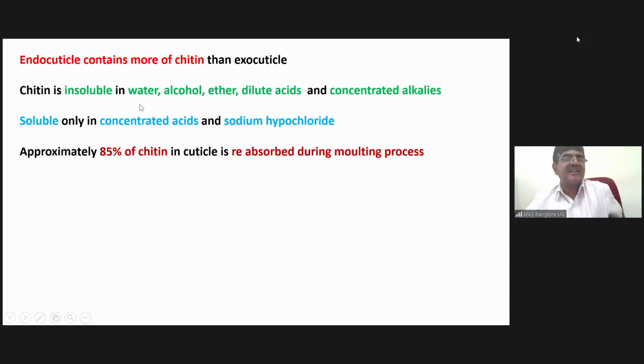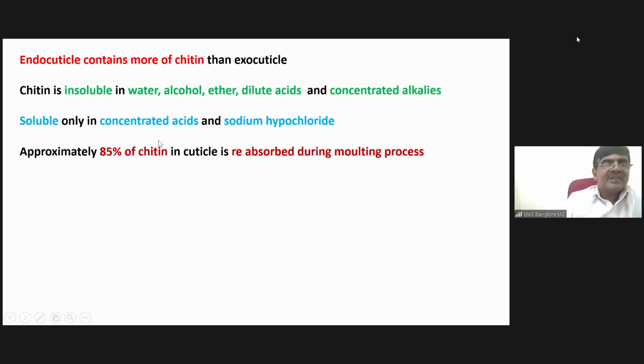This chitin is insoluble in water, alcohol, ether, dilute acids and concentrated alkalis. Whereas this chitin is soluble in concentrated acids and sodium hypochlorite.